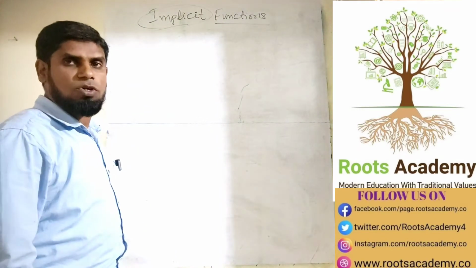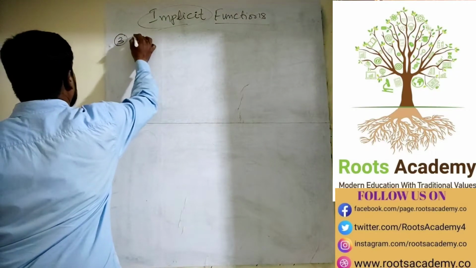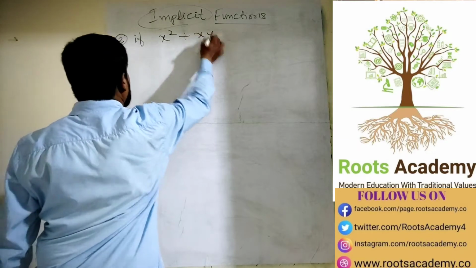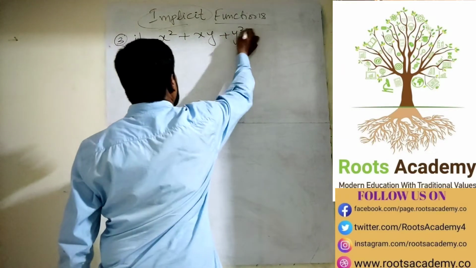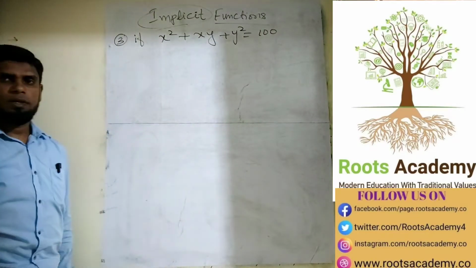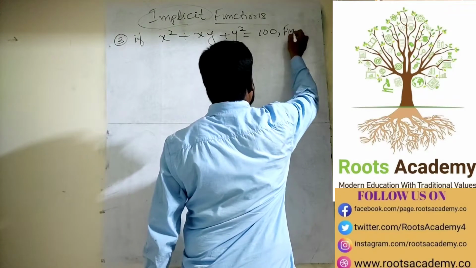Okay, students, now let us go to the next problem. If x square plus x into y plus y square is equal to 100, find dy by dx.